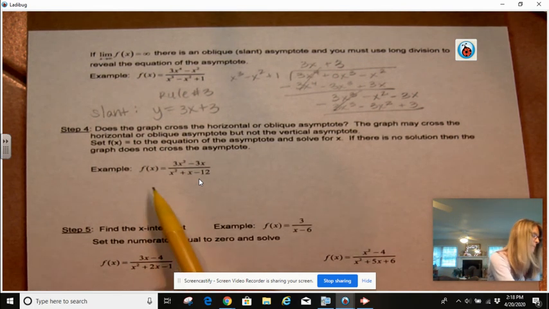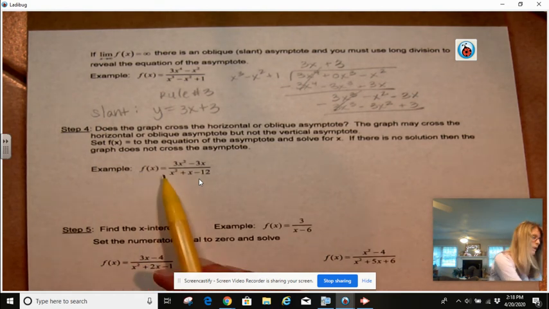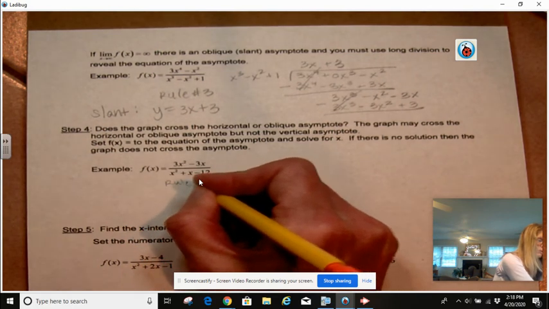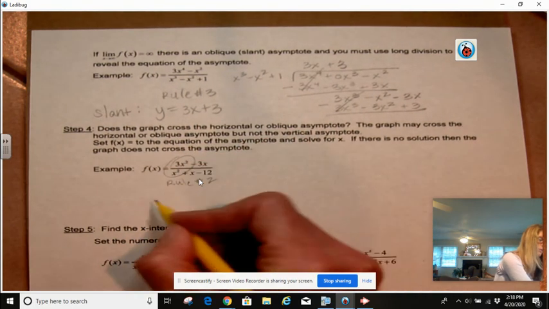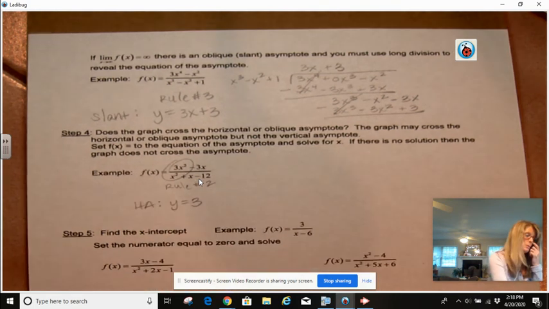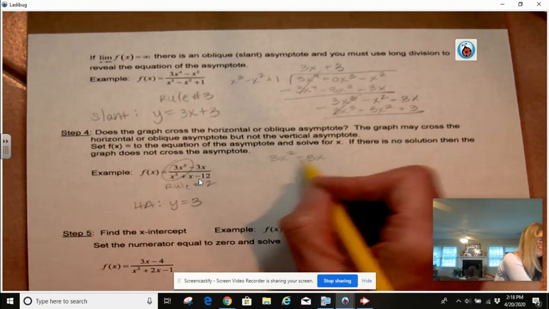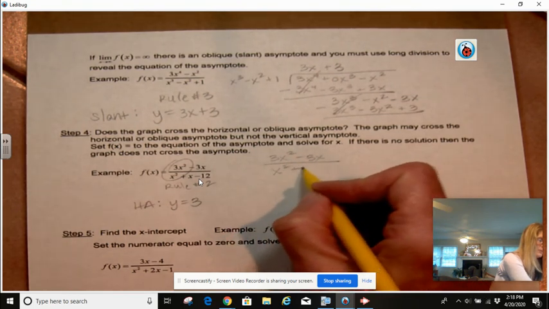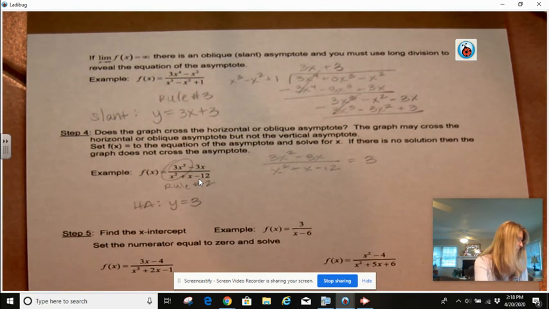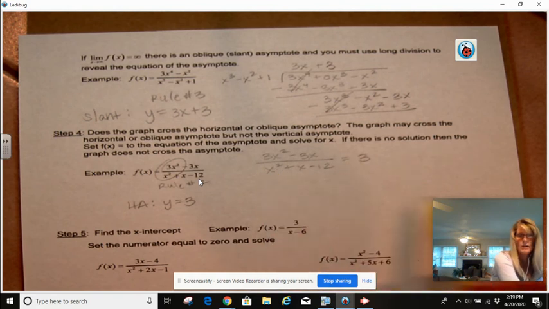So for this one, we've got to figure out what our horizontal asymptote is. And this would be a rule 2. We look right there, and our horizontal asymptote is at y equals 3. So we would set our function, the whole thing, equal to the horizontal asymptote. And then we're going to solve that equation. So we would multiply both sides by the denominator.